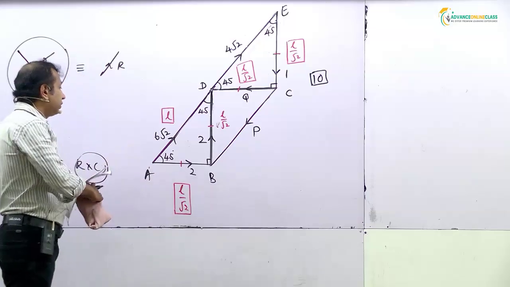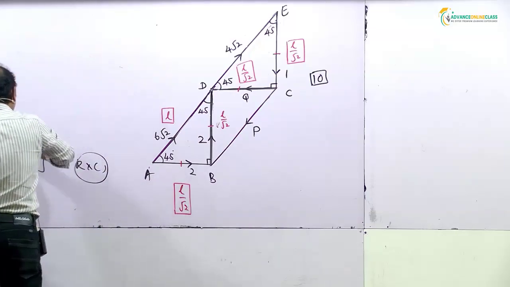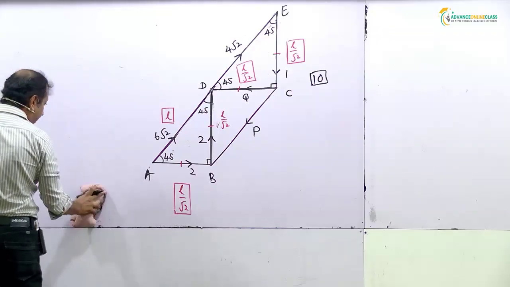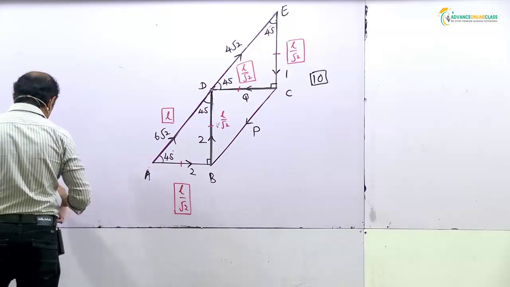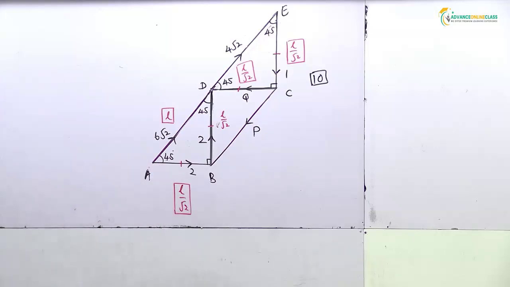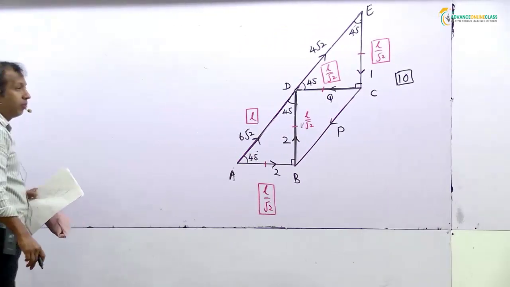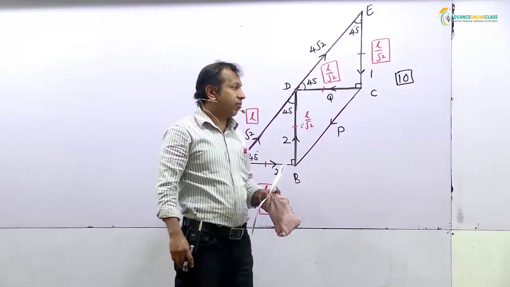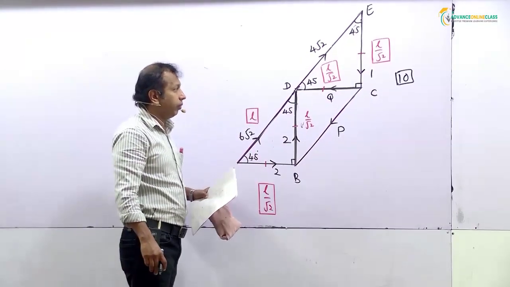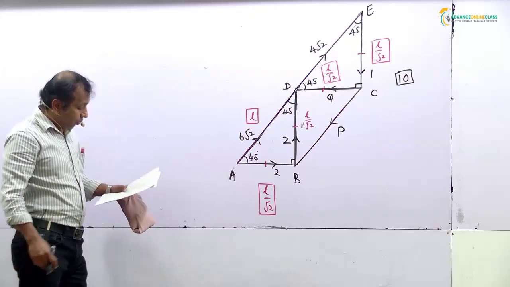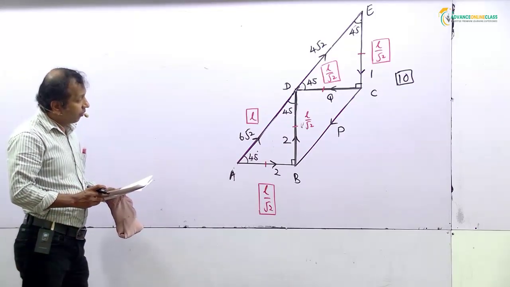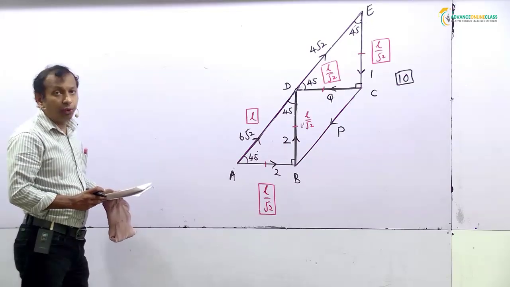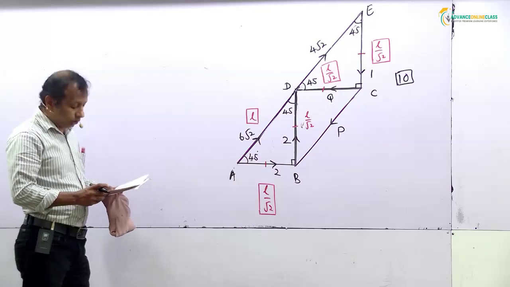Since the resultant force passes through the points B and D, the algebraic sum of the moments of the forces around B and D should be 0.